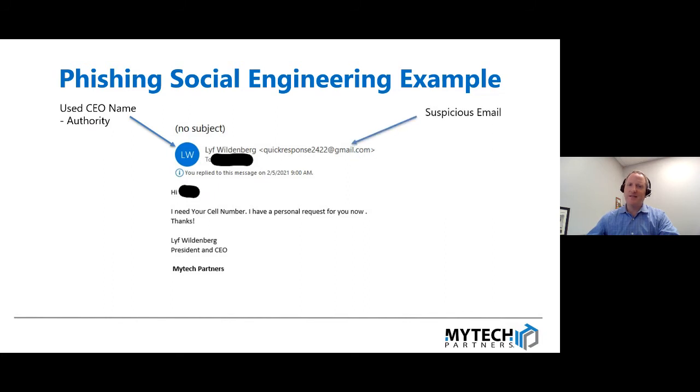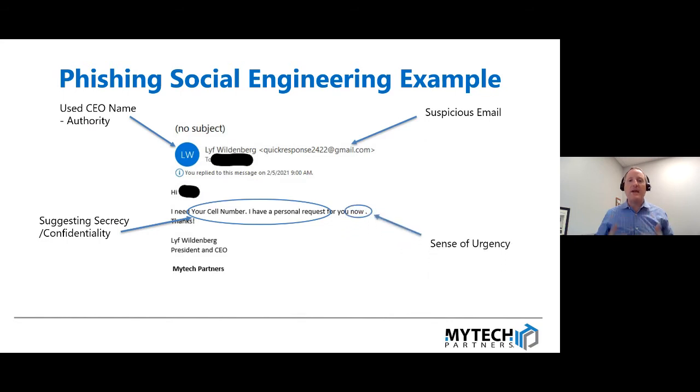However, the email address was not that of our CEO. But they said, hey, I need your cell number. I have a personal request for you. So basically trying to get authority by using the CEO, suggesting secrecy or confidentiality, and creating a sense of urgency.